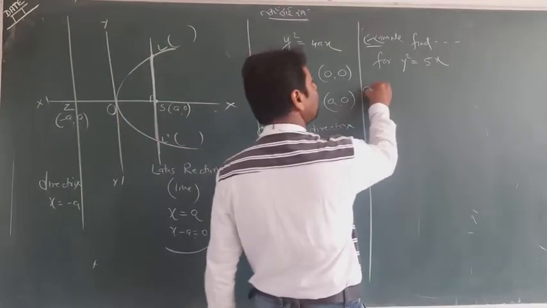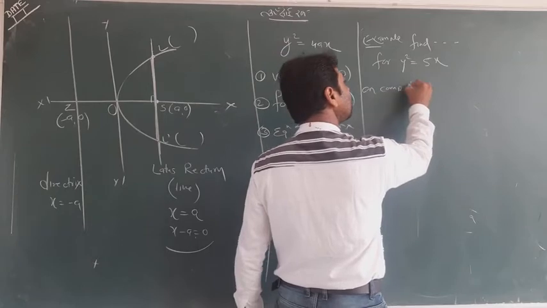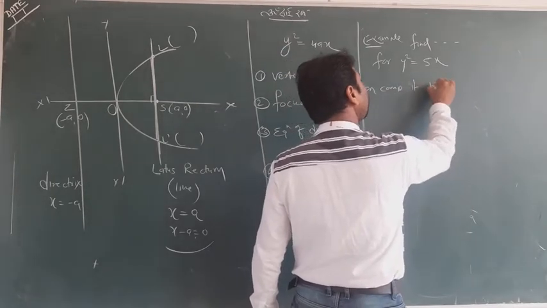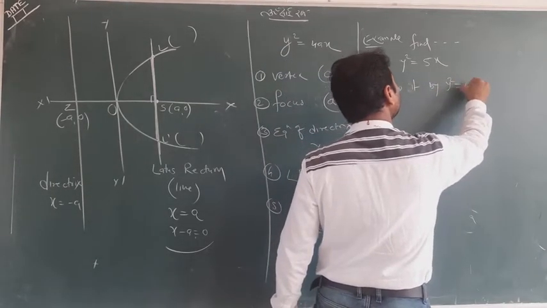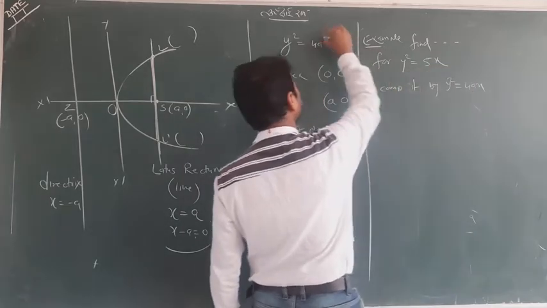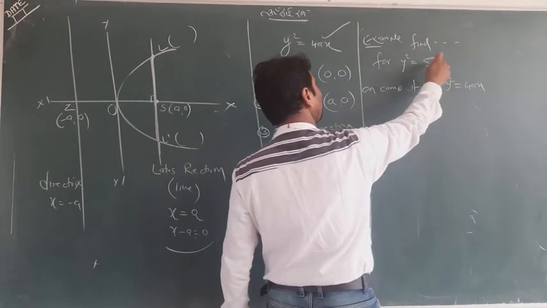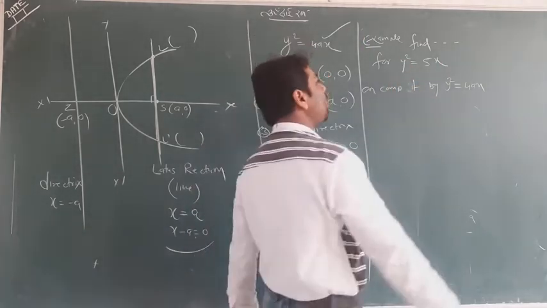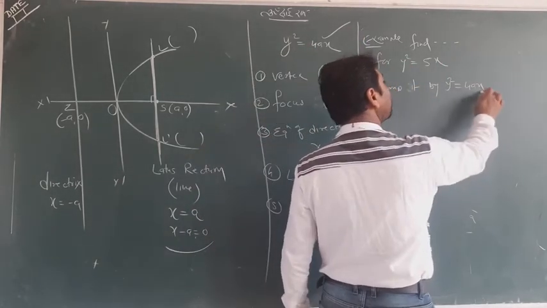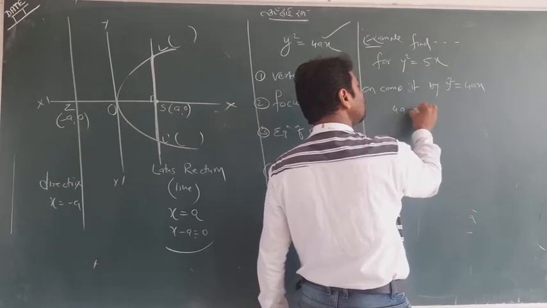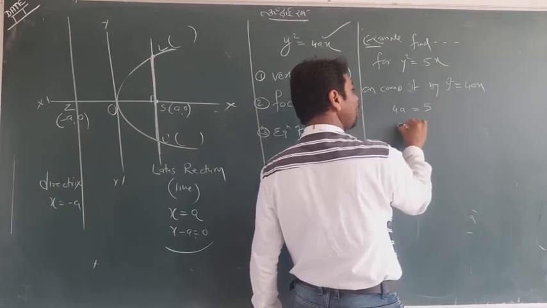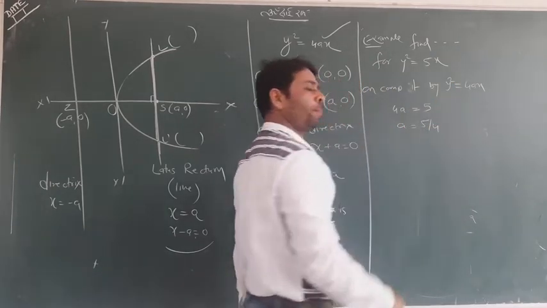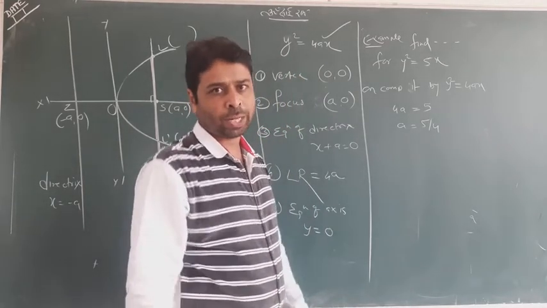First you compare the equation with y square equals 4ax, because it looks the same: y square equals positive 5x, y square equals positive 4ax. When you compare, the coefficient of x is 4a, and the coefficient of x is 5. So a will be 5 by 4. Okay, now you got it.